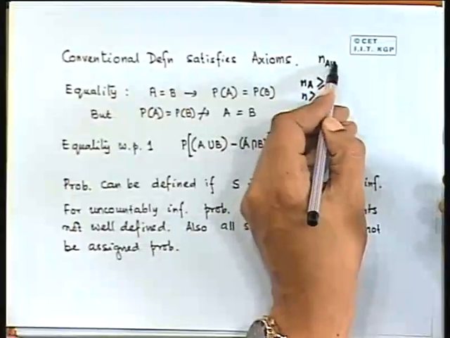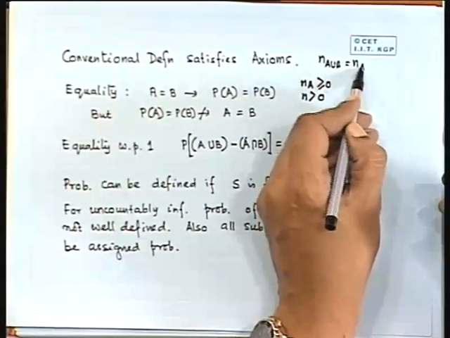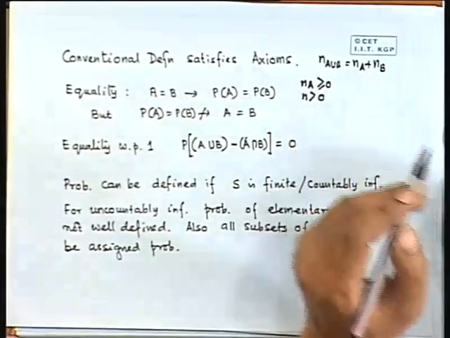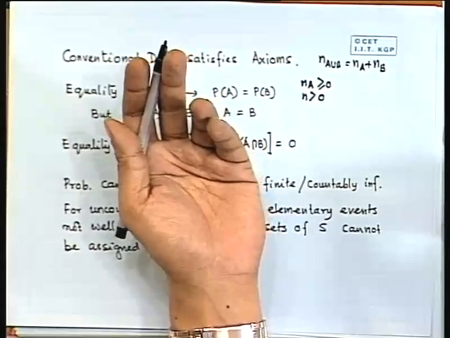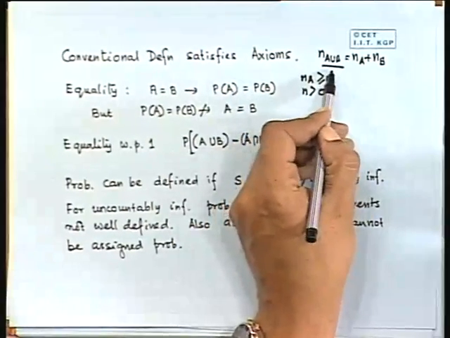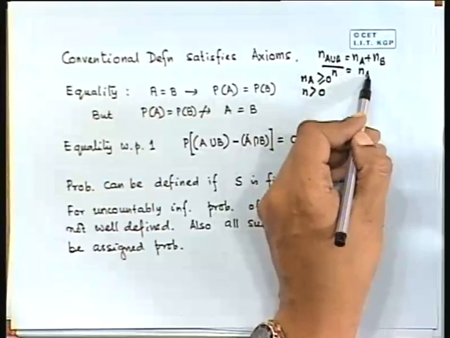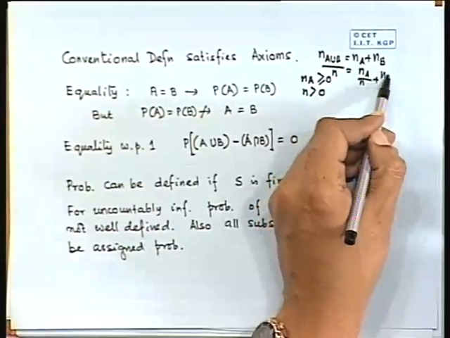Similarly, you will find that if the events are exclusive, then n of A union B is nothing but Na plus Nb, because there is nothing common. A and B cannot occur together. So therefore, n of A union B by n is simply equal to Na by n plus Nb by n.